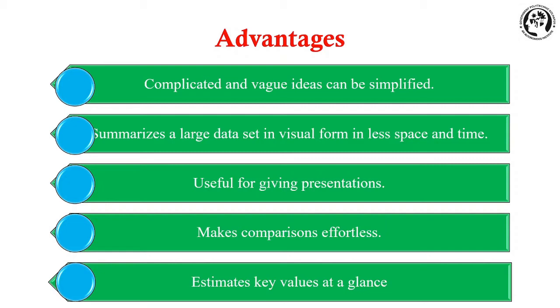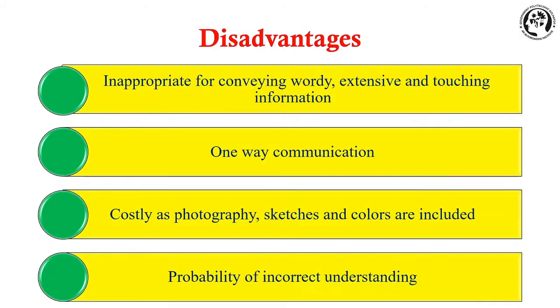Now, after this, we shall also consider some of its limitations. So, the disadvantages of graphic communication here. The first one is it is inappropriate for conveying wordy, extensive, and touching information. This is true.